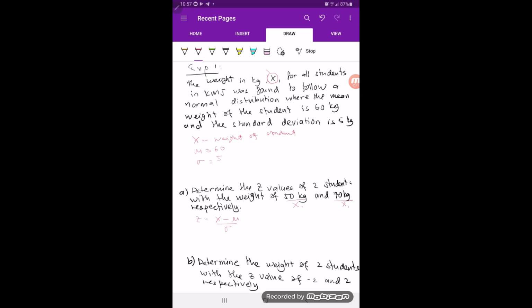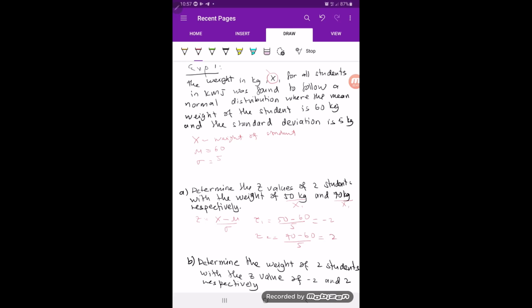For the student number 1, the value of z is 50 minus nu, nu is 60, over 5. So you can find the value is negative 2. Okay. For the second student, the value of z is equal to 70 minus 60 over 5. You can find the value of z is 2.